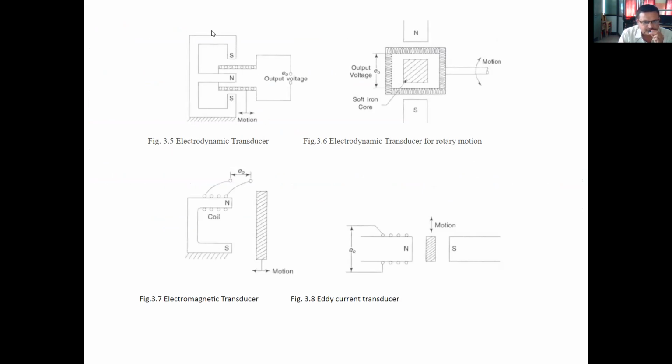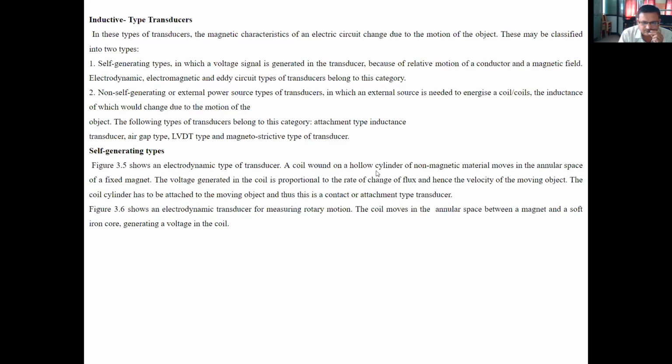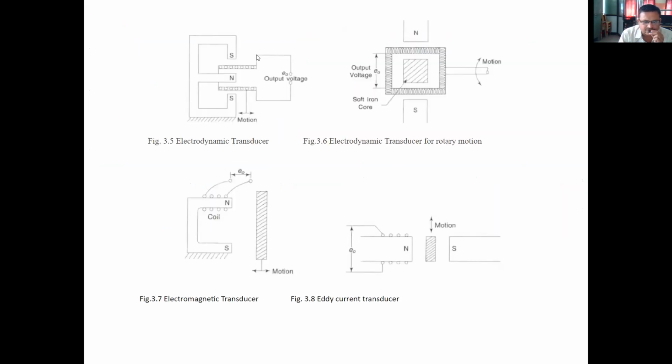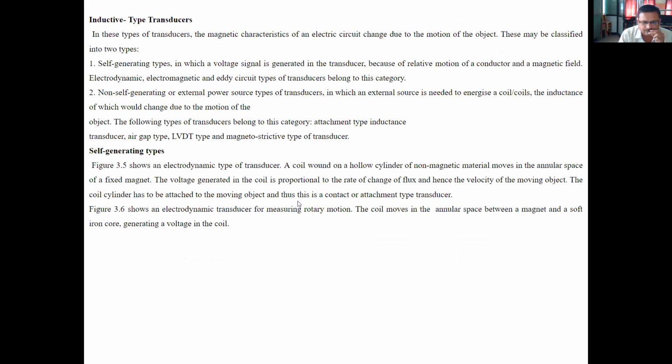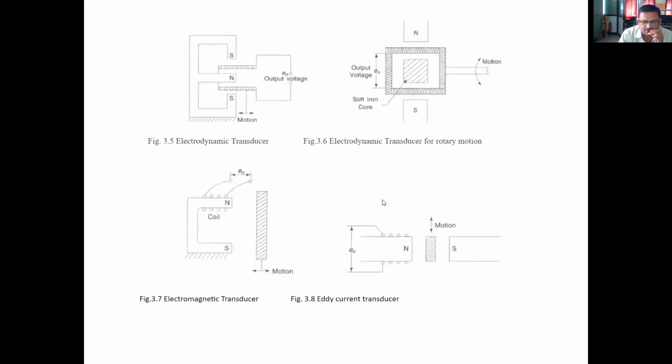This is the permanent magnet, this is the coil. See that a coil is wound on a hollow cylinder of non-magnetic material. On that material, the coil is wound, and this is a permanent magnet. It is fixed. Therefore, if you move this cylinder, what will happen? There will be a rate of change of flux. That is, the voltage generated in the coil is proportional to the rate of change of flux and hence the velocity of the moving object.